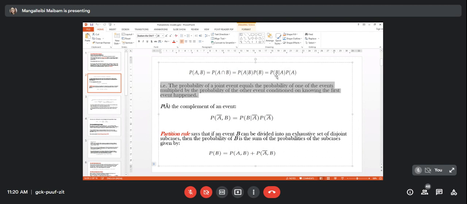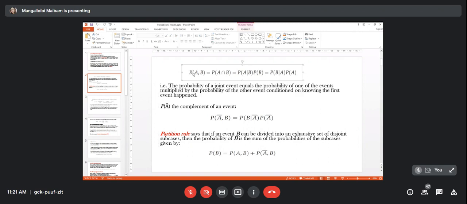We know this event, and we condition the probability of B on A, multiplied by the probability of A, which is already known. So this is the chain rule.